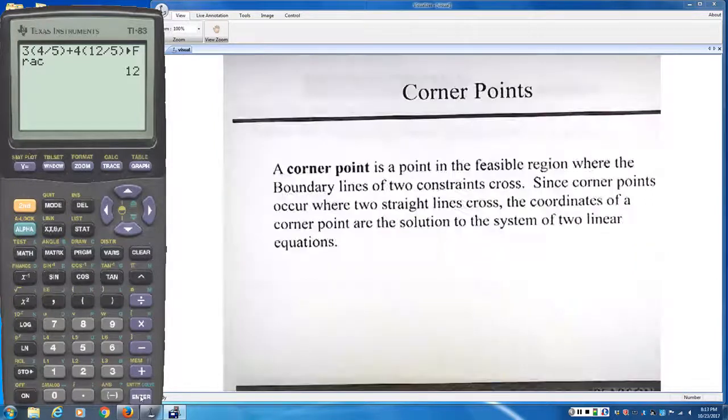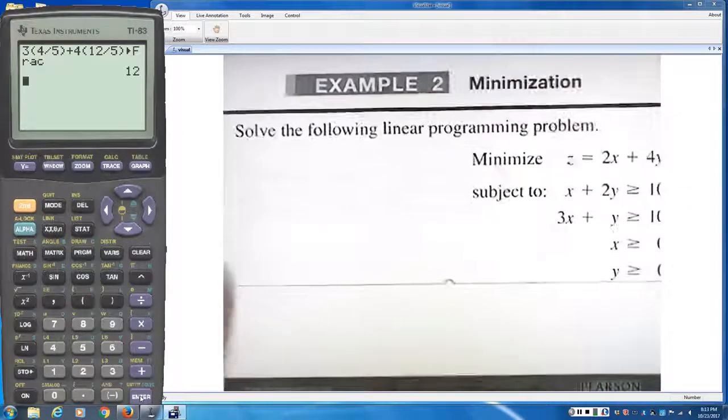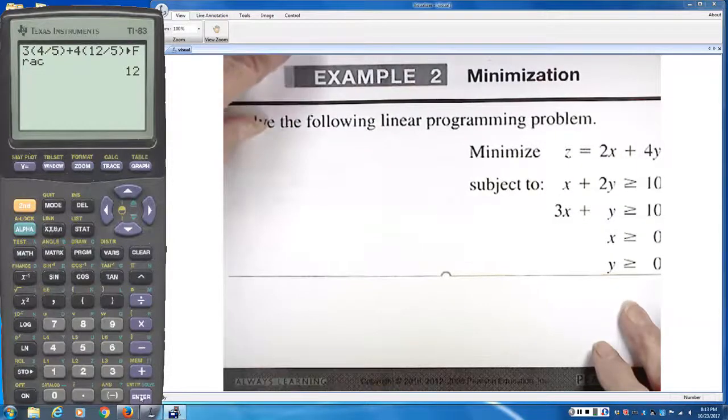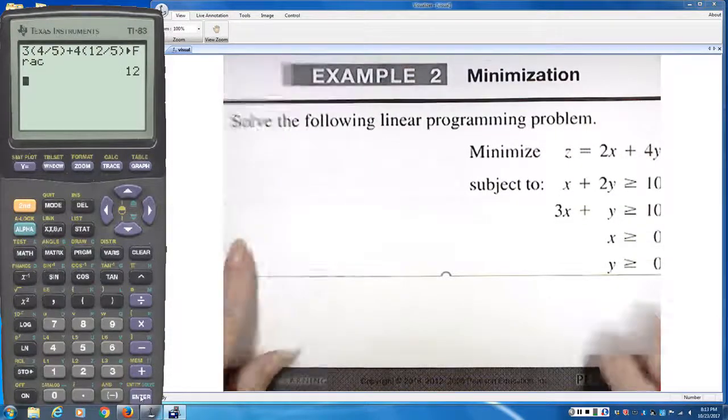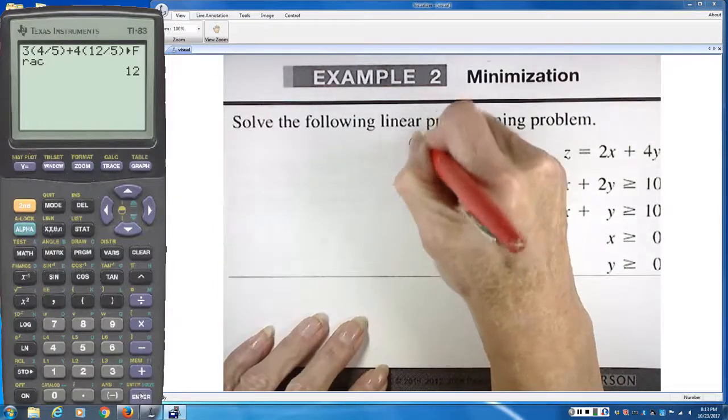So let's do one that's not completely stripped of all meaning. Let's do an application problem. Well, no, let's go ahead and do this one since we got it, just for the practice. We've got enough time. So this is our objective function, just so you get used to the language.